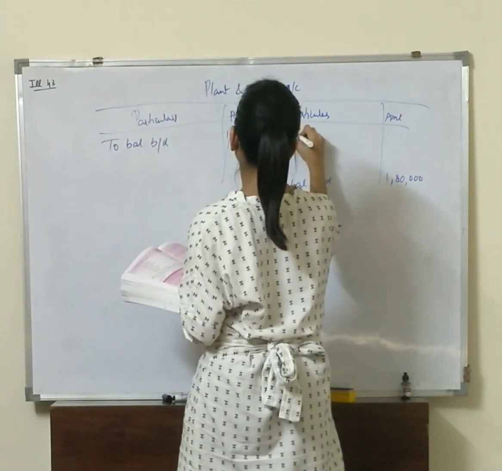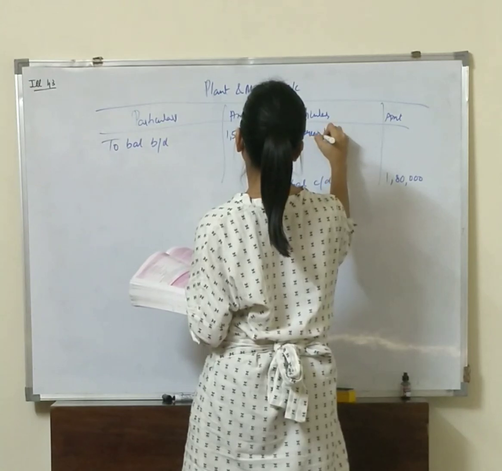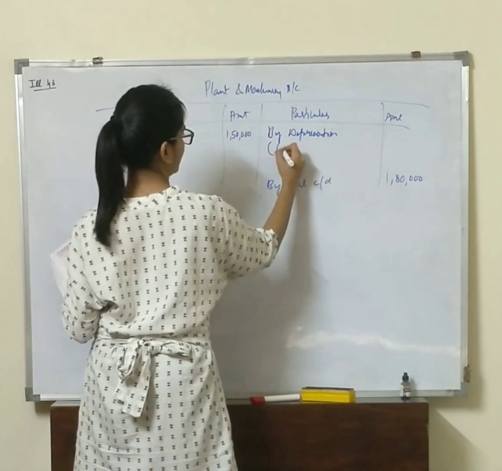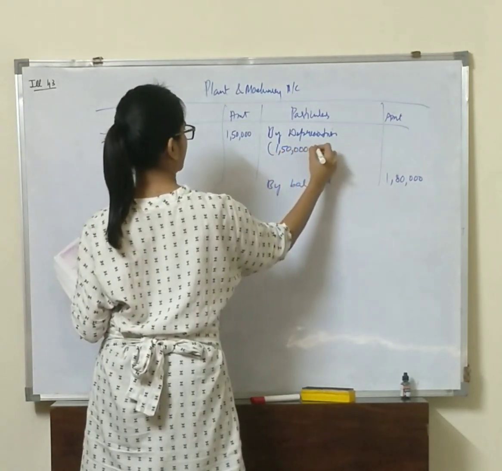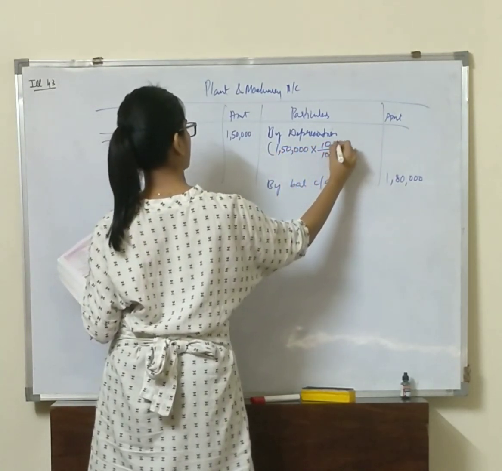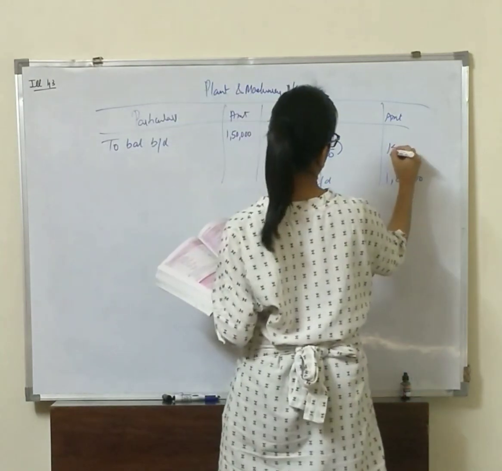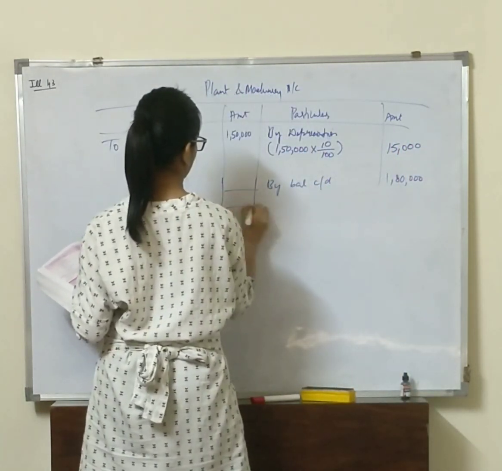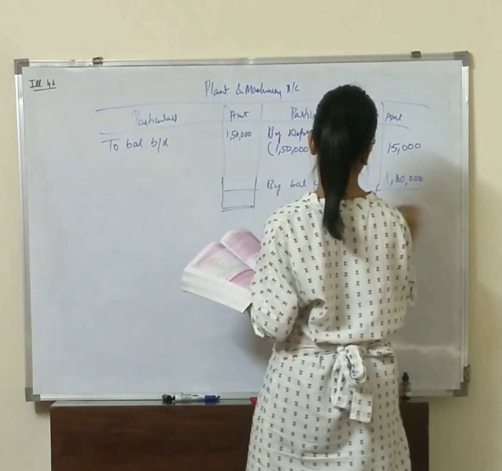So by depreciation on your credit side, what was last year's balance? It is, in bracket you will write 1,50,000 into 10%. So we get 15,000.